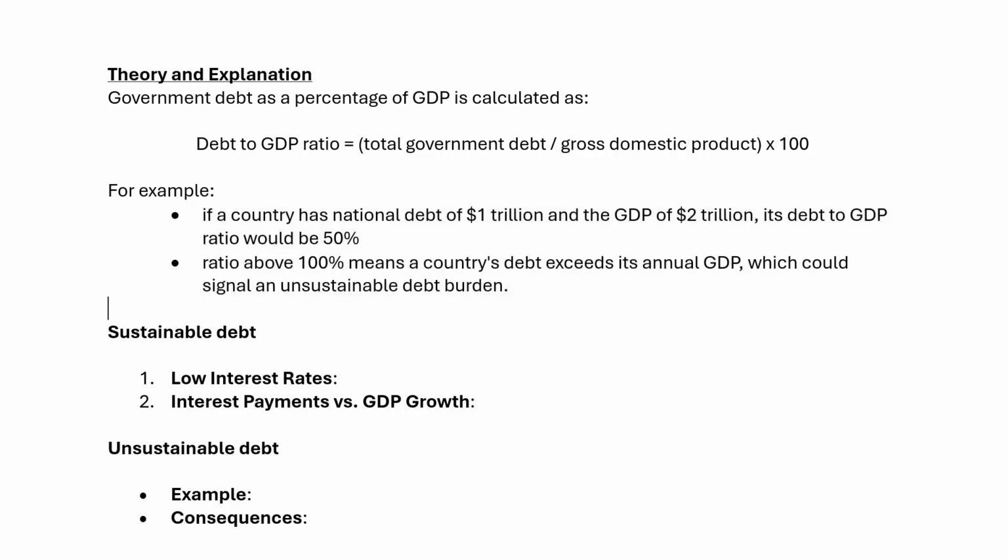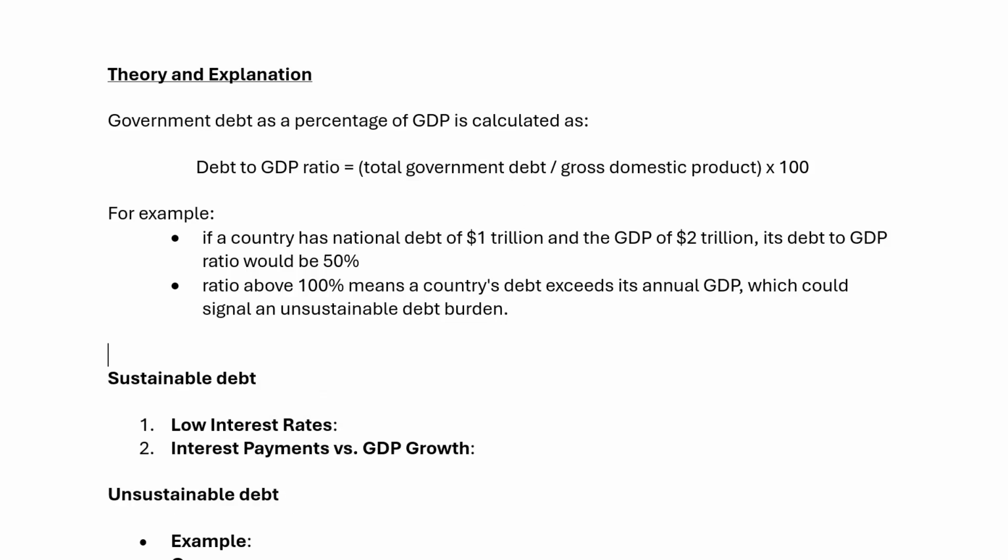Right, so now we've got a brief explanation of how we measure government debt using the debt to GDP ratio. Now, I think we should probably talk about budget deficits. The budget deficit is the annual shortfall between government spending and revenue.